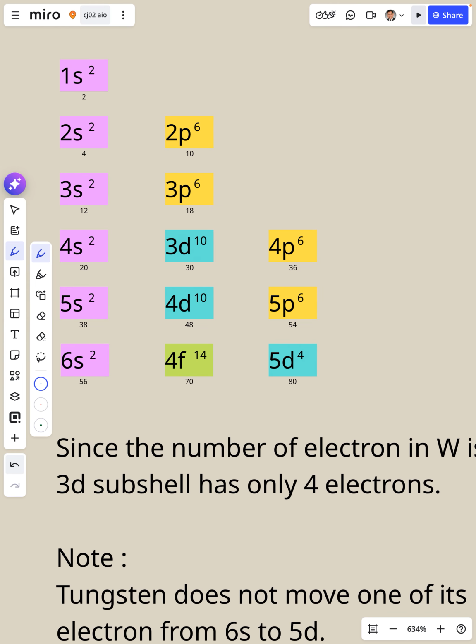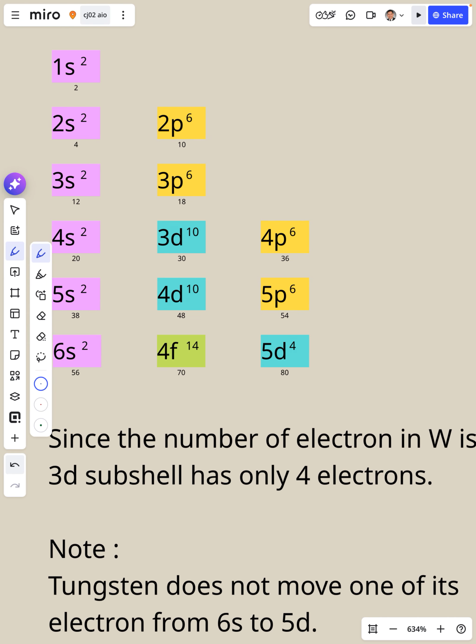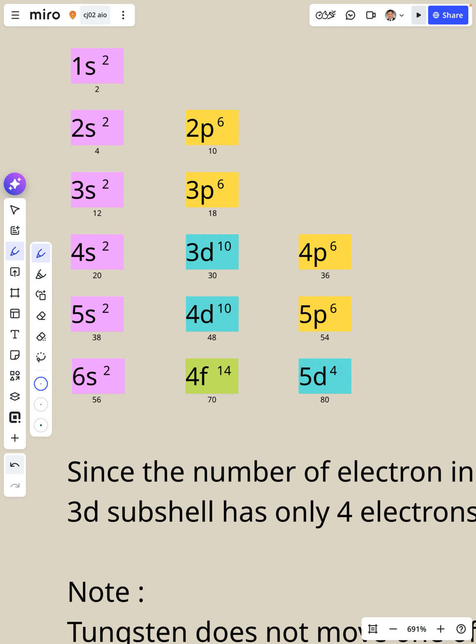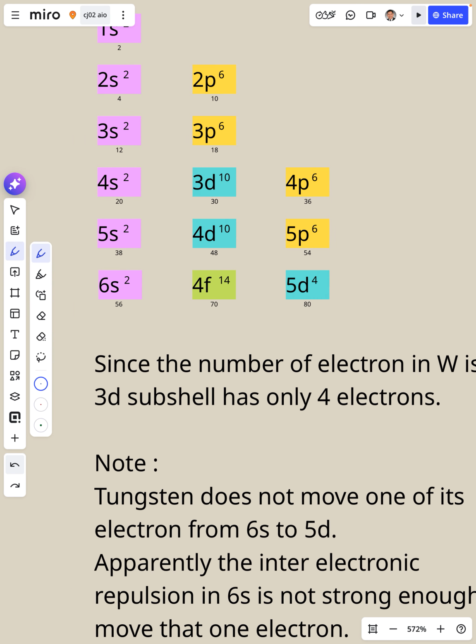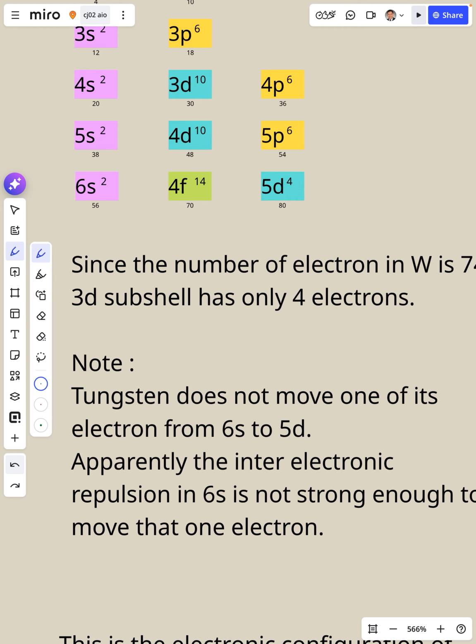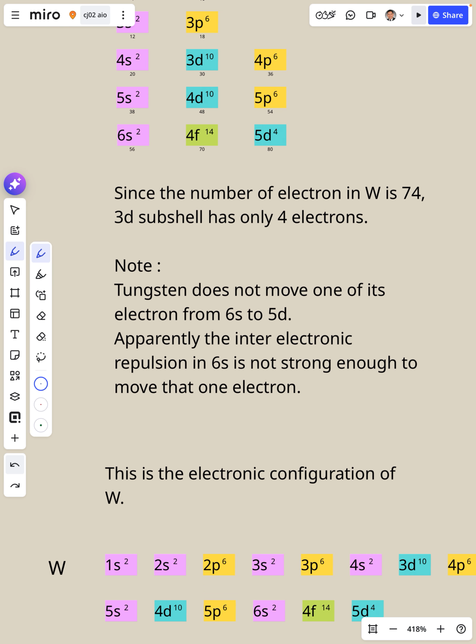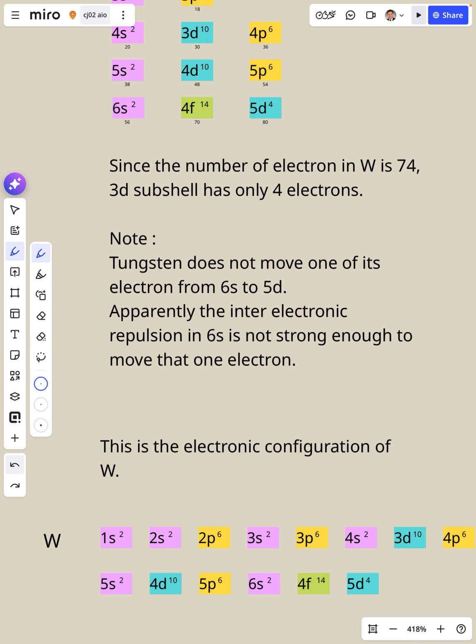Then we adjust the number here. This is 70 plus 4, total is 74. Until 4f is 70, then 4 on the 5d. Then we have our electronic configuration for tungsten here.